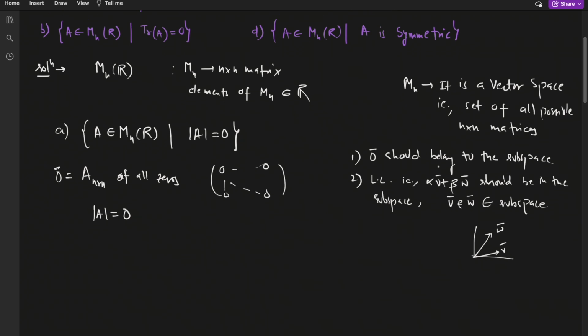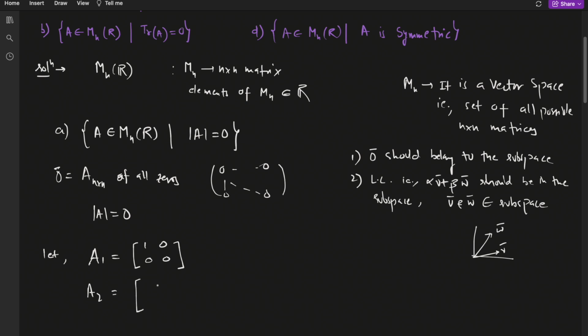Now we will see whether this second condition is valid or not. Let us suppose we take two matrices A1 and A2. So this is one matrix, and this is another matrix, A2.